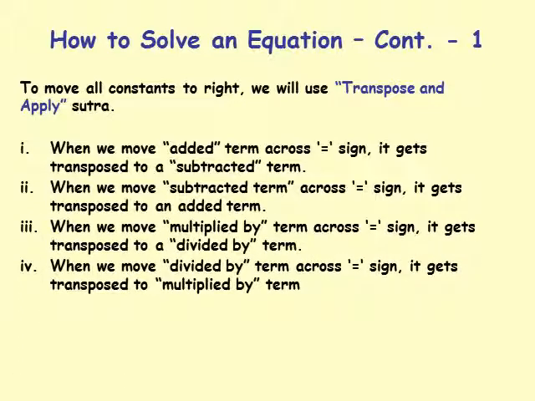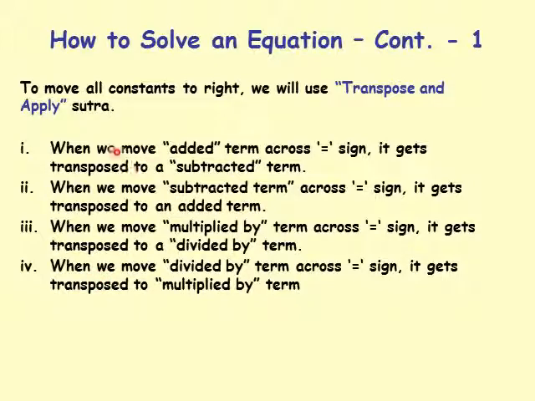Let's continue here. When we move a multiplied by term across the equal sign, it gets transposed to a divided by term. When we move a divided by term across the equal sign, it gets transposed to a multiply by term.